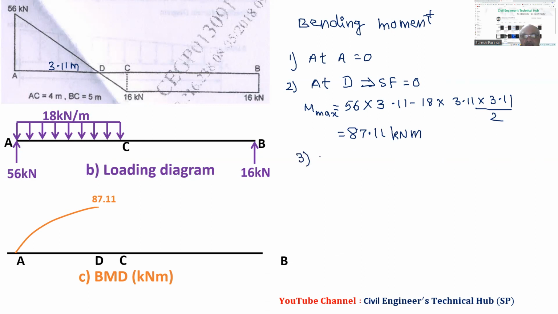Then we will find at C. Now you can go from left or from right. First from left we will get 56 into 4, because AC is 4 meters and this distance is 5 meters, into 4 minus 18 into 4 into 4 by 2.